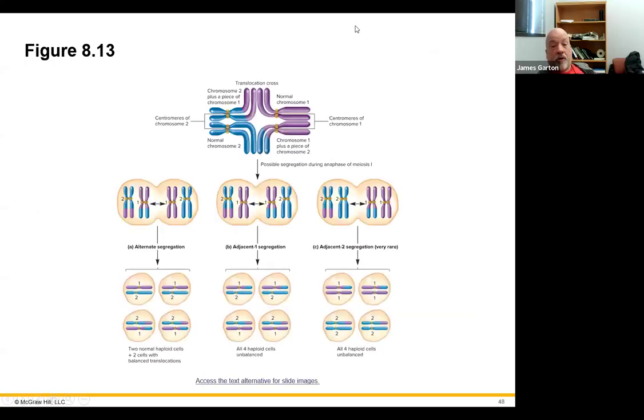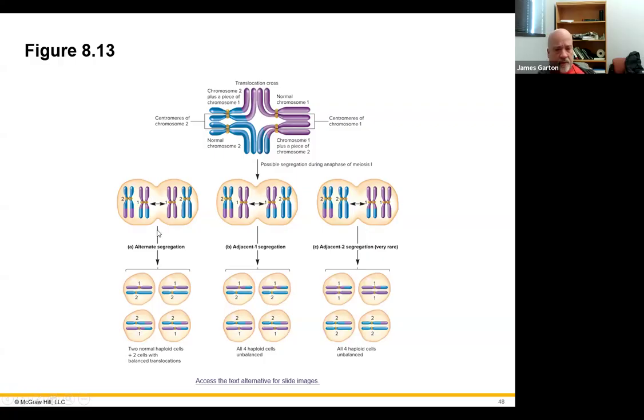And so here is the cross. The normal chromosome, in this case one, in this translocation. So here's chromosome 2. It's got a big piece of chromosome 1 stuck to it. And so you have to have these crosses form that allow the chromosomes to align.